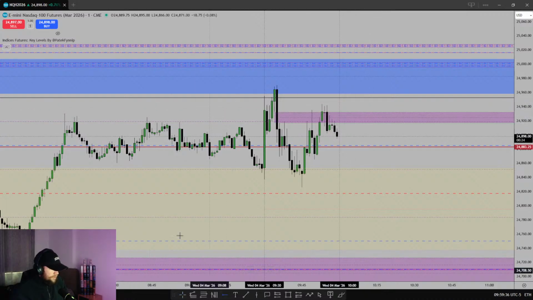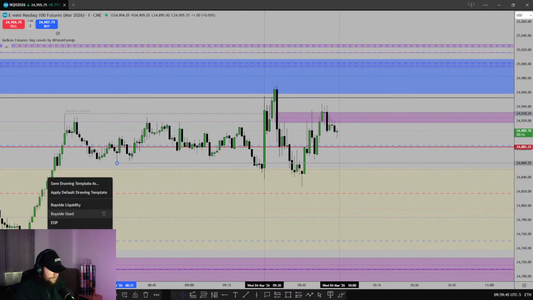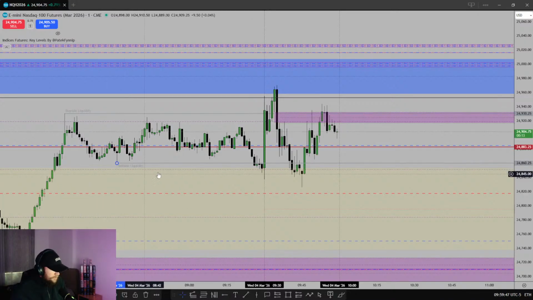And you can see how the buy side here, I talked about that, and let me note it real quick. So the buy side there is already used. And if buy side or sell side is used, I'm marking it in gray, so I know it's already used. It still is there, so it still can use the sell side here, make another low here, and then trade higher from that.